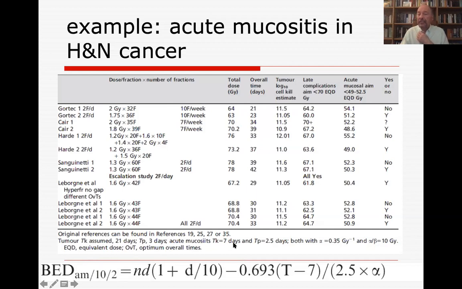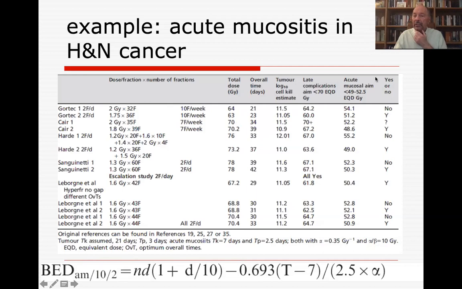For the mucositis, 7 days and 2.5 days. And then you can calculate, you see here it is quite nice that you can calculate for different regimes. This is the total dose, and this is the EQD2 that should be then lower than 70, let's say. And that's the acute mucosal that should be less than 49.52, which is what you get in conventional.